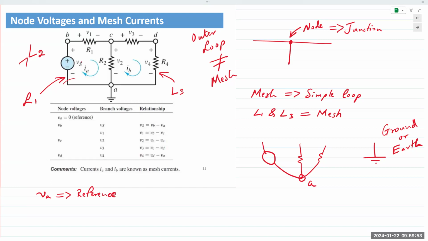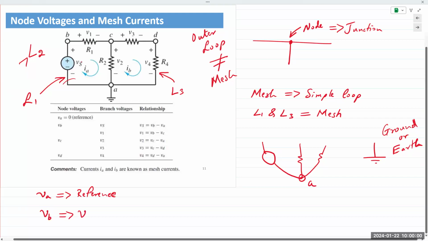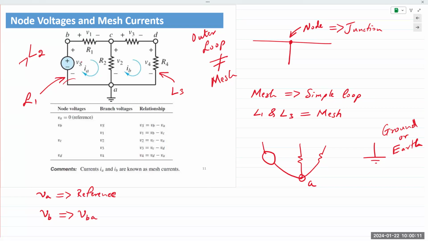And when I say VB, what I actually mean in this case would be VBA. Because my A is the reference, I'm going to say A is my second point of notation.